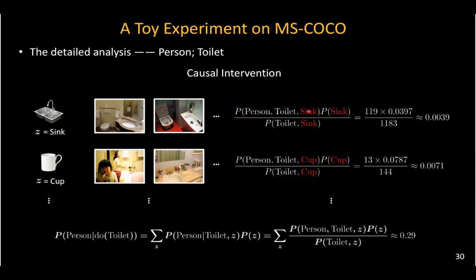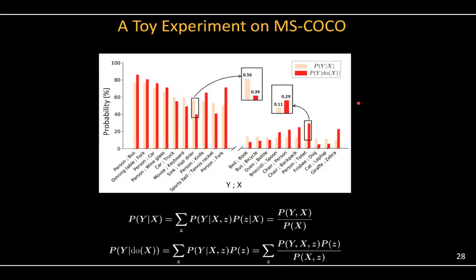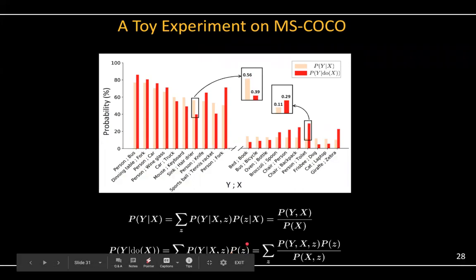Here's an example that may be much clearer. If we use sink as Z as a confounder, then we should also compute this one: P(Y given X and Z) times P(Z), where now Z is sink.